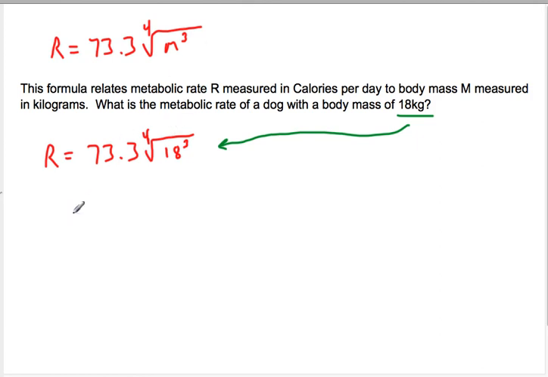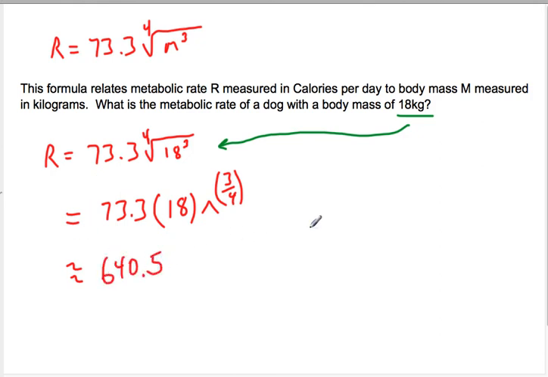If you were to enter into a calculator 73.3 and then parentheses 18 parentheses and then the little caret symbol and then 3/4, that'll give you the answer, which is approximately 600 and something. Let's see, I think it's 640 point something. Right, and that keeps going. All right, so there's an application of the square root stuff for you.